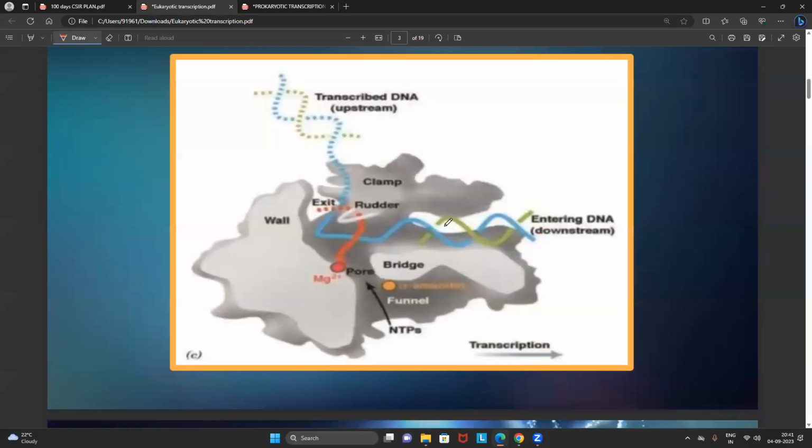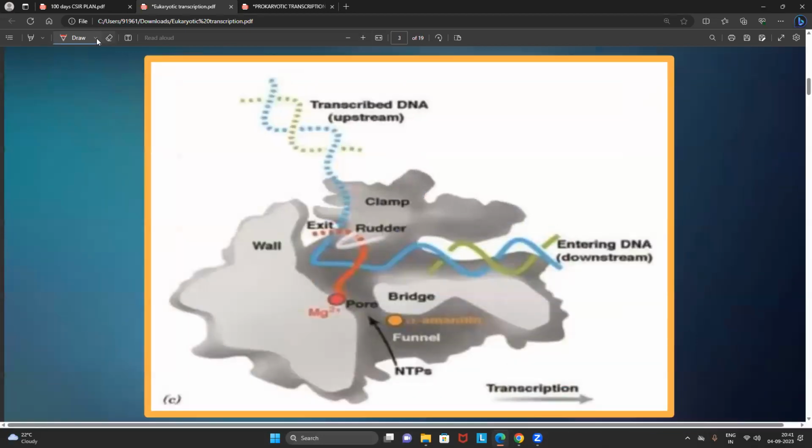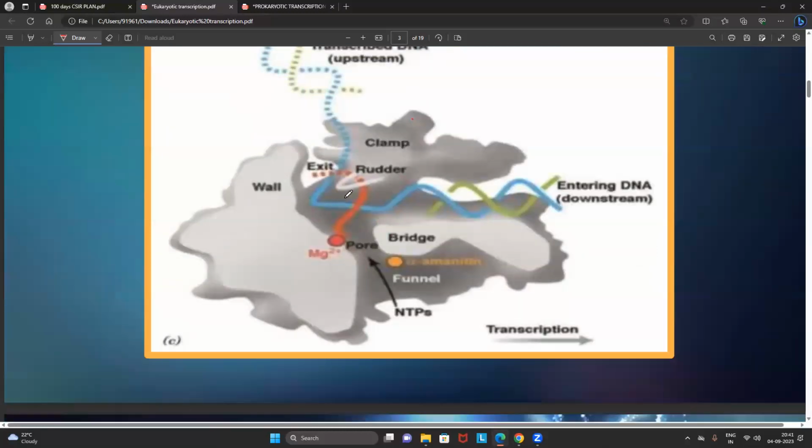Okay. Now I hope you all remember a similar kind of diagram we studied in prokaryotic transcription also. Okay, now listen, all the students, look into the point.